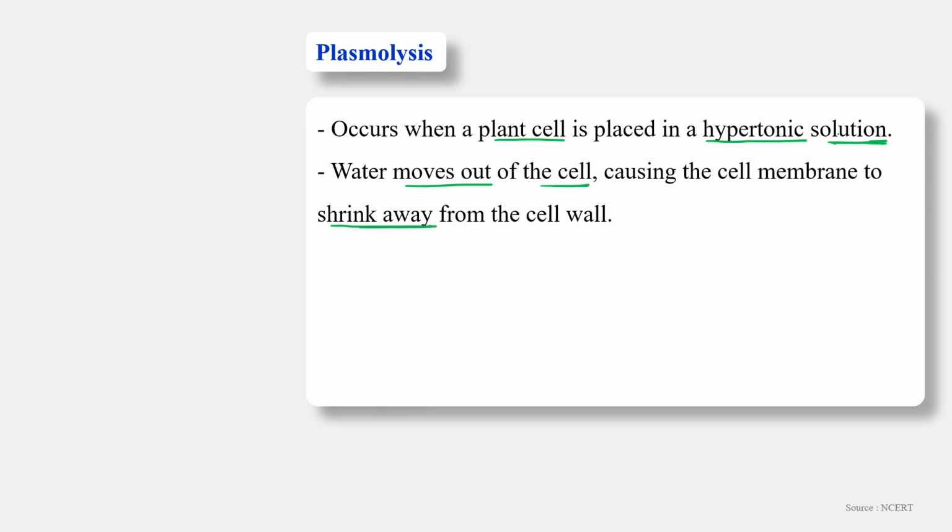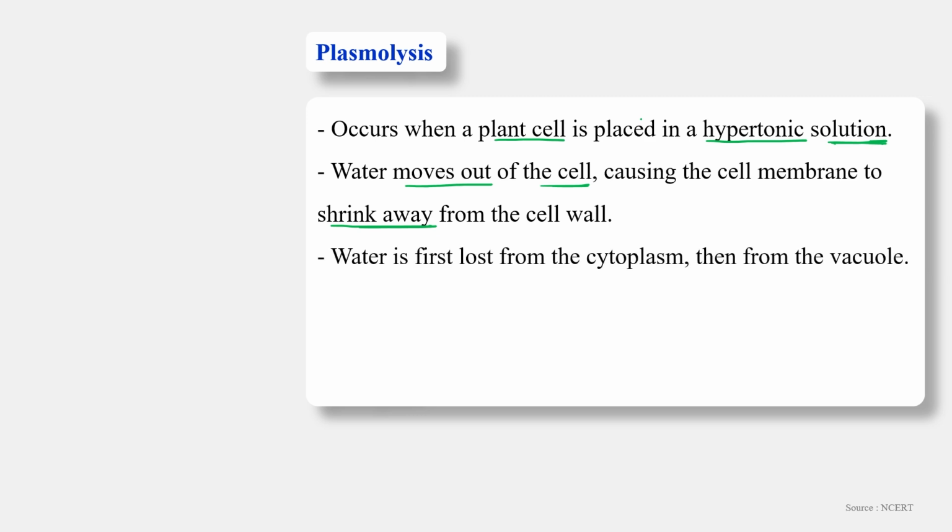Hypertonic solution means water moves out of the cell, causing the cell membrane to shrink up from the cell wall. When a plant cell is placed in a hypertonic solution, all the water present inside the cell moves out, and the cell shrinks, and the cell membrane shrinks up and keeps the cell away from the cell wall.